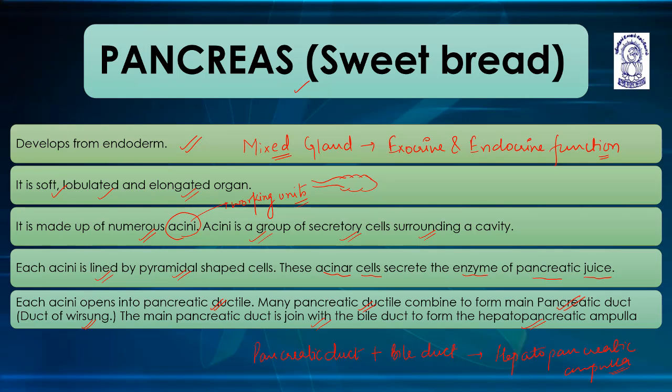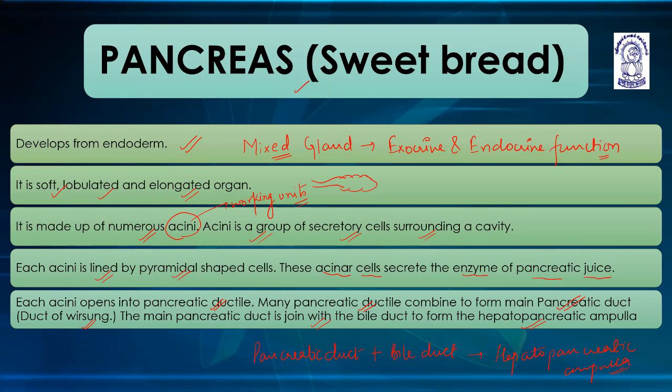Now, the exocrines have ducts, and the endocrines don't have ducts. Their secretion comes directly into the blood. The exocrine glands pour their secretion into the duct, and the ducts deliver the secretion into a particular target organ, a particular site. Understood?